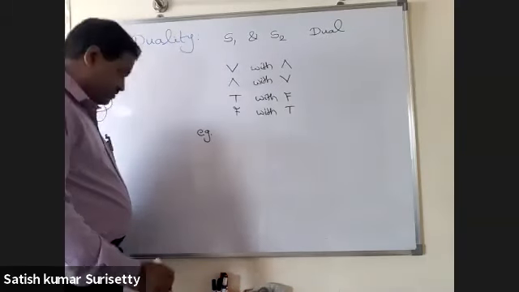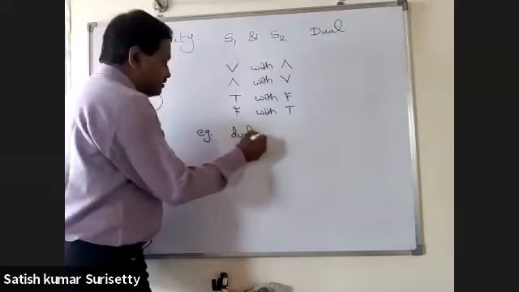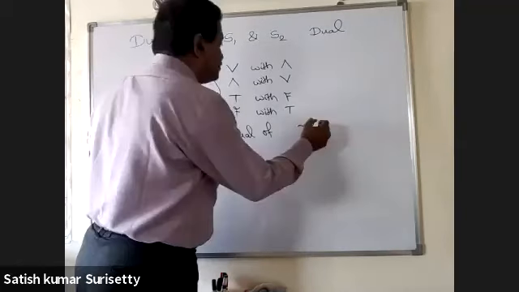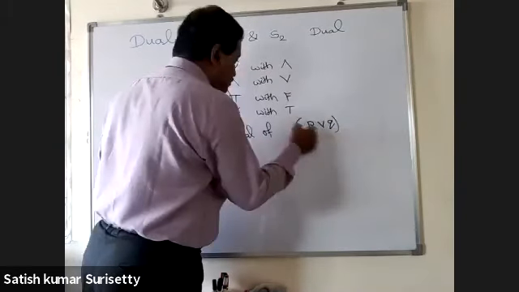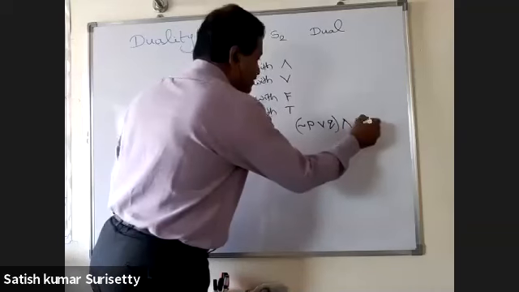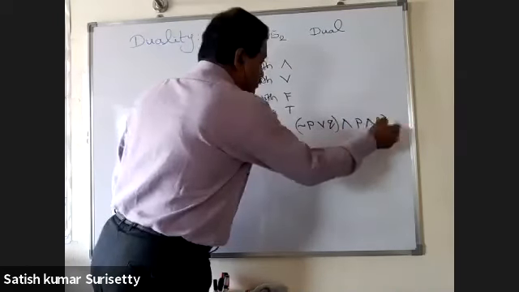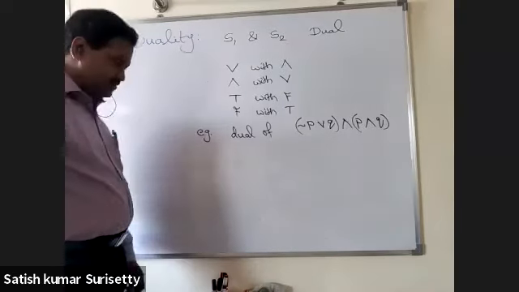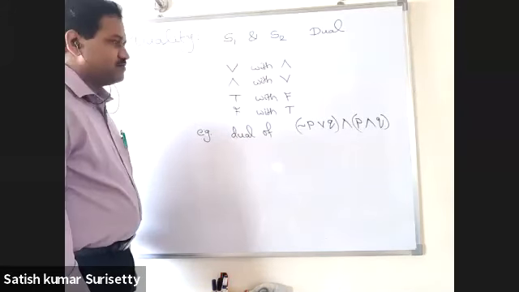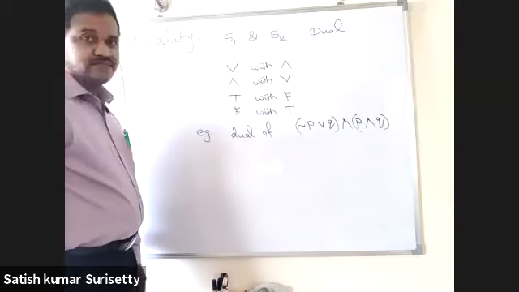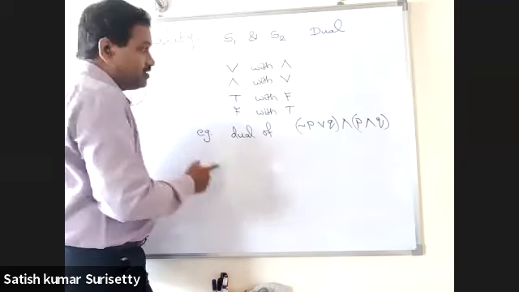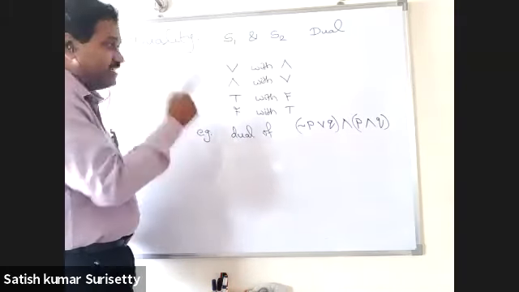Write one example. Dual of negation of P or Q, and P and Q. Now, tell me what the dual of this is. Remember, only conjunction and disjunction should be replaced.